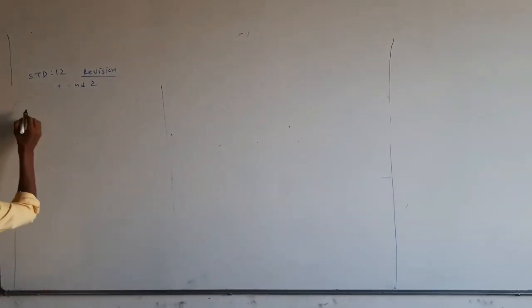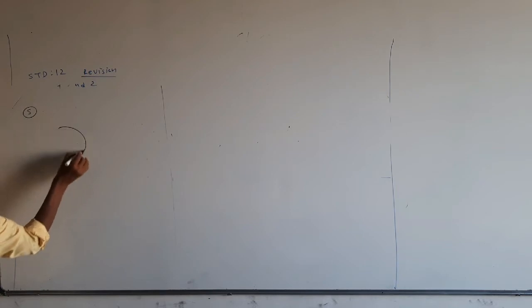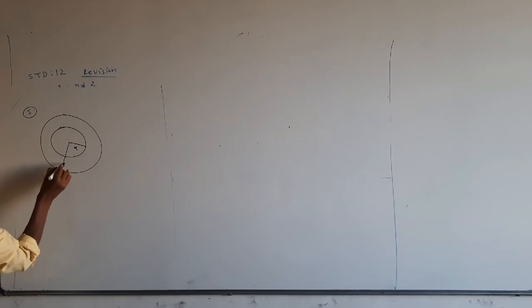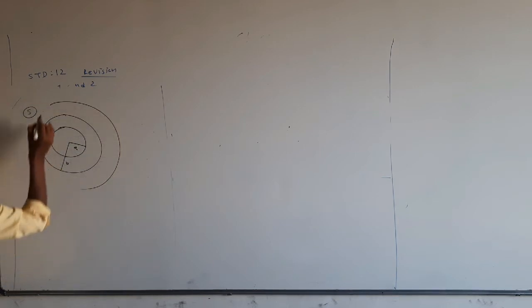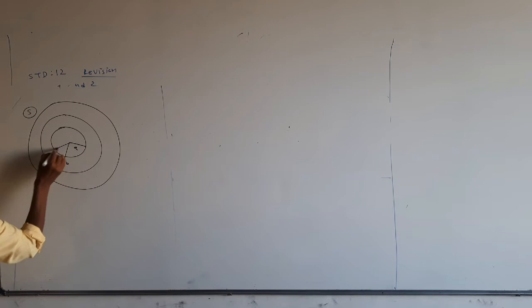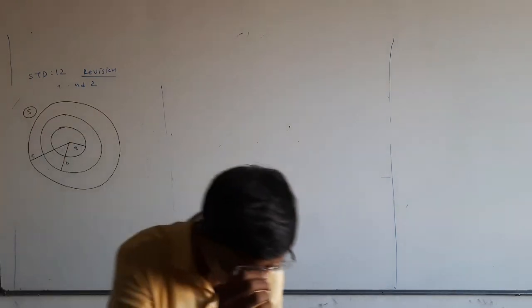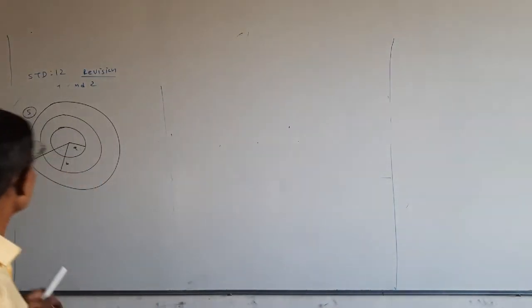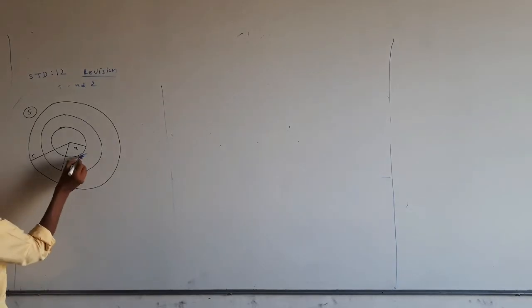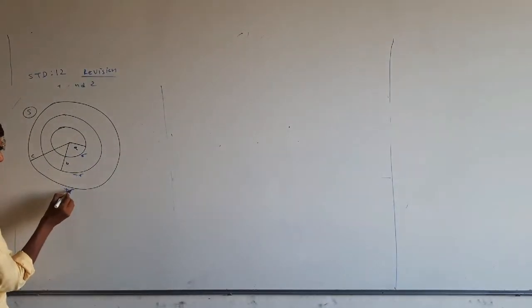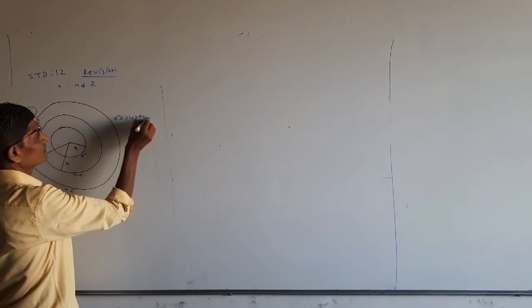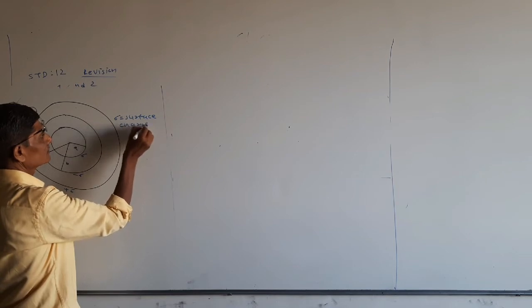Now, three concentric shells of radius A, B and C. See, the surface charge density on the first is sigma, on B is minus sigma, and on the third is plus sigma, where sigma is the surface charge density.